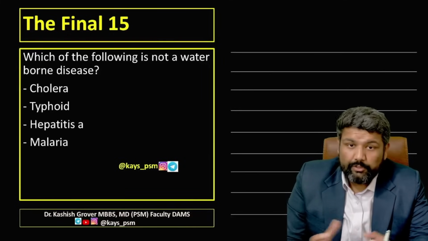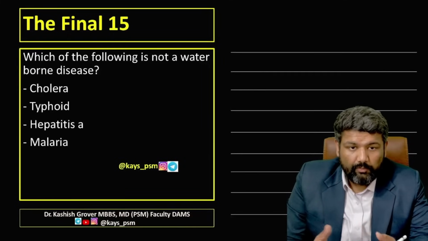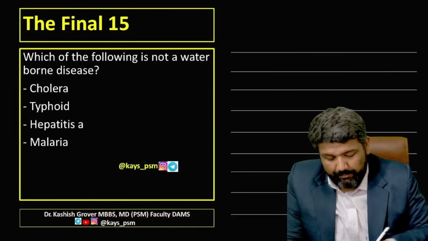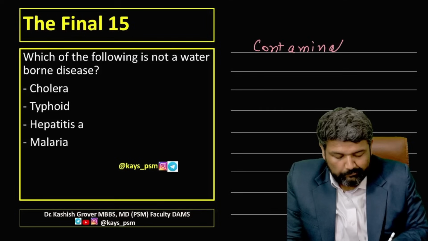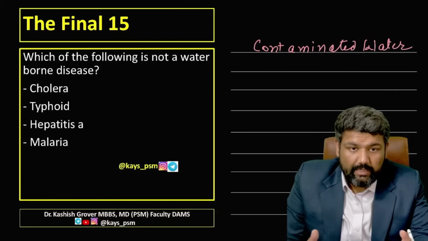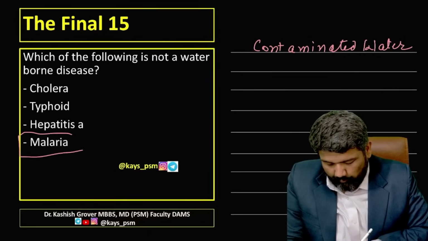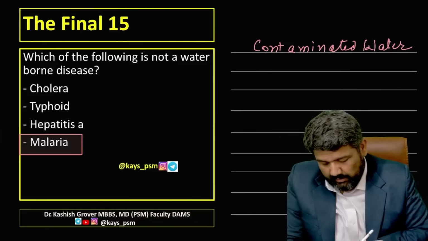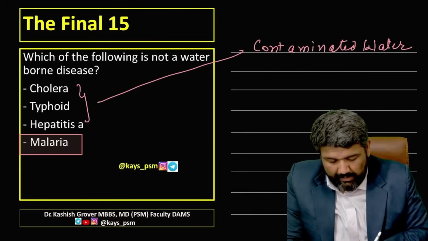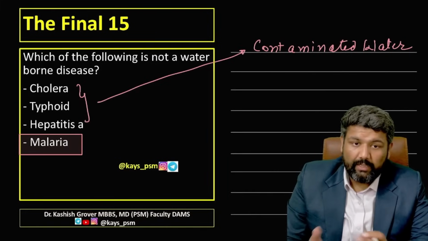Which of the following is not a waterborne disease? Waterborne disease happens because of drinking contaminated water. Malaria is not a waterborne disease. All of these others happen because of consuming contaminated water.